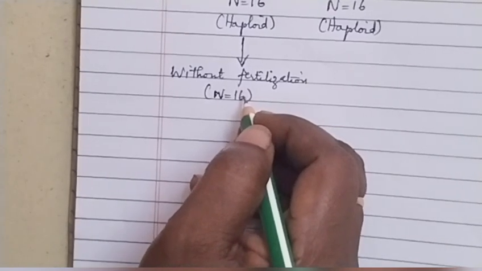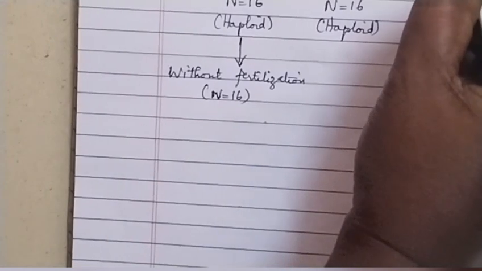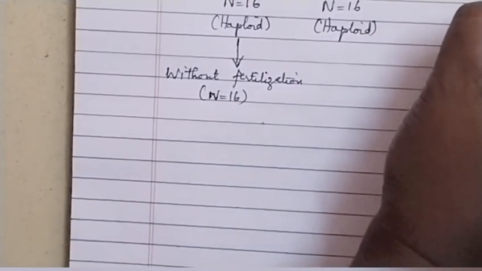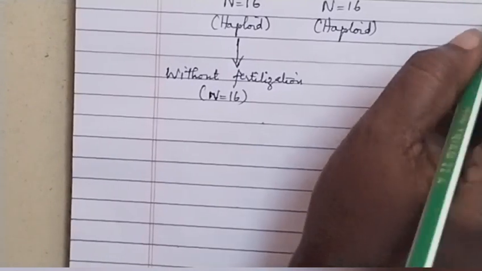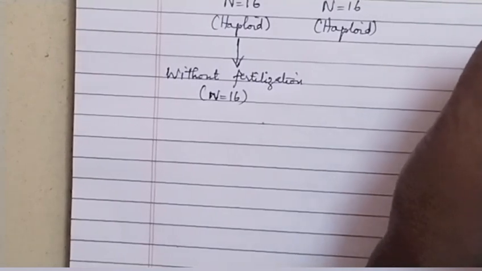And when you talk about this male, see here, it undergoes mitosis. What about mitosis? Equational division. So here the chromosome number will be 16 only, haploid. Now this egg, and this male n equal to 16, when they fuse, what happens?